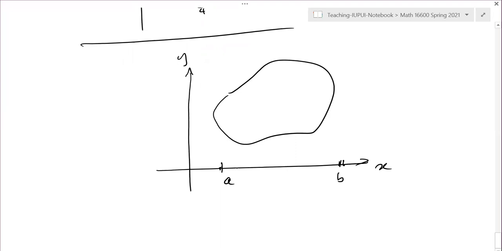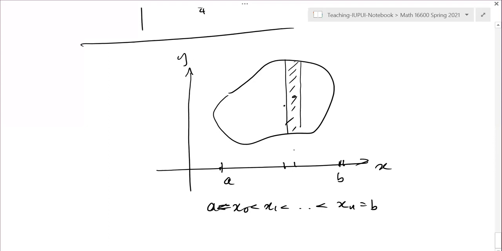All right, I want to find the y bar. What I'm going to do is use a partition. So I take one piece of here, and I consider where the center of that piece is.